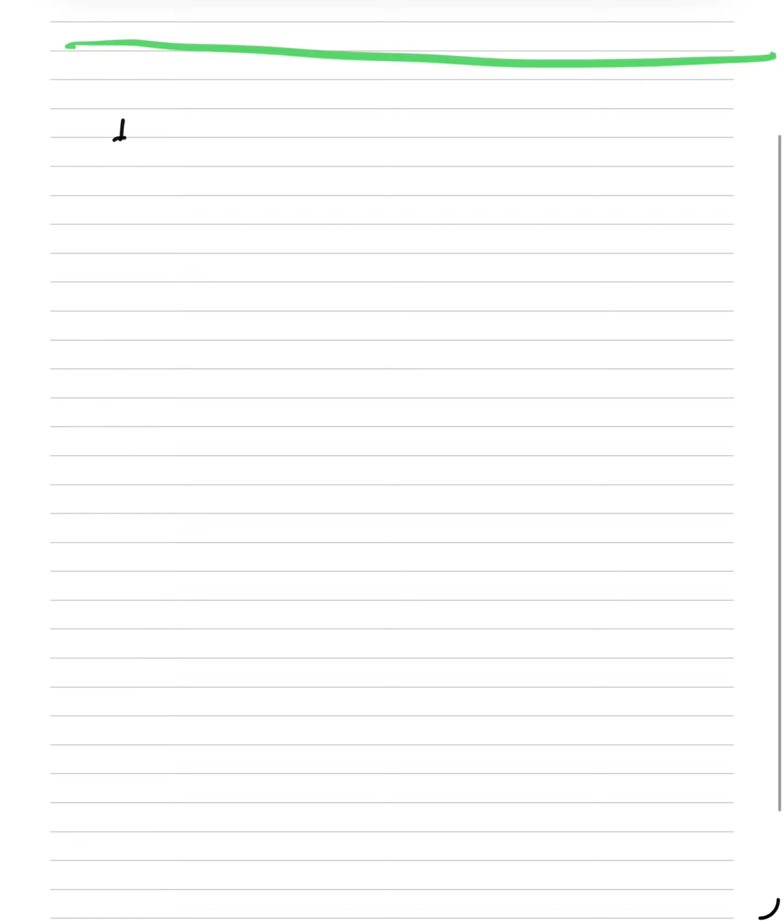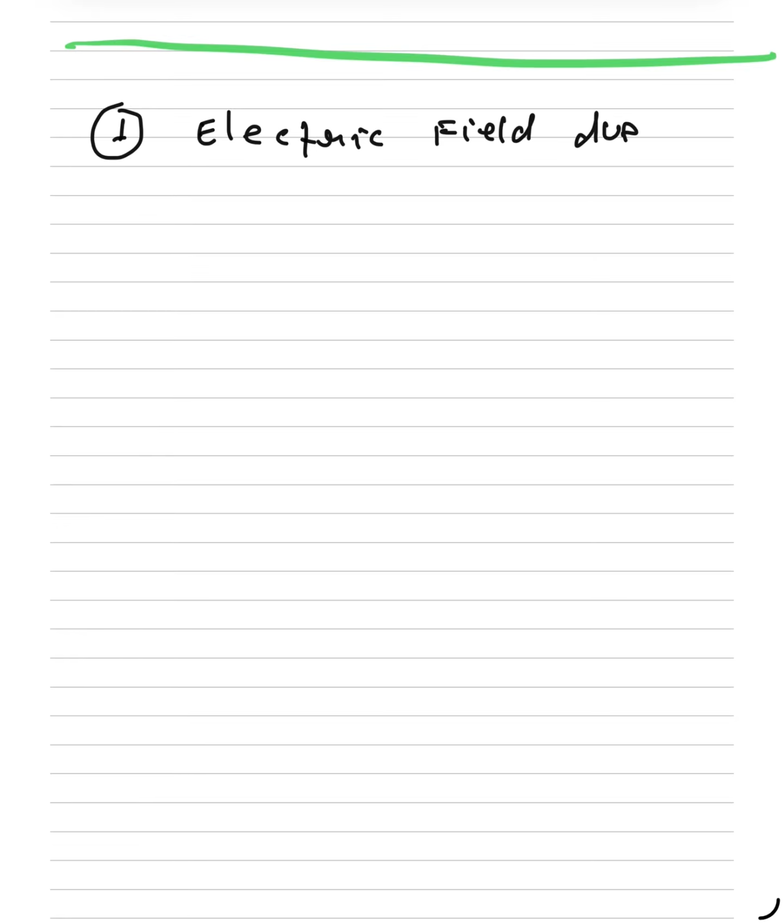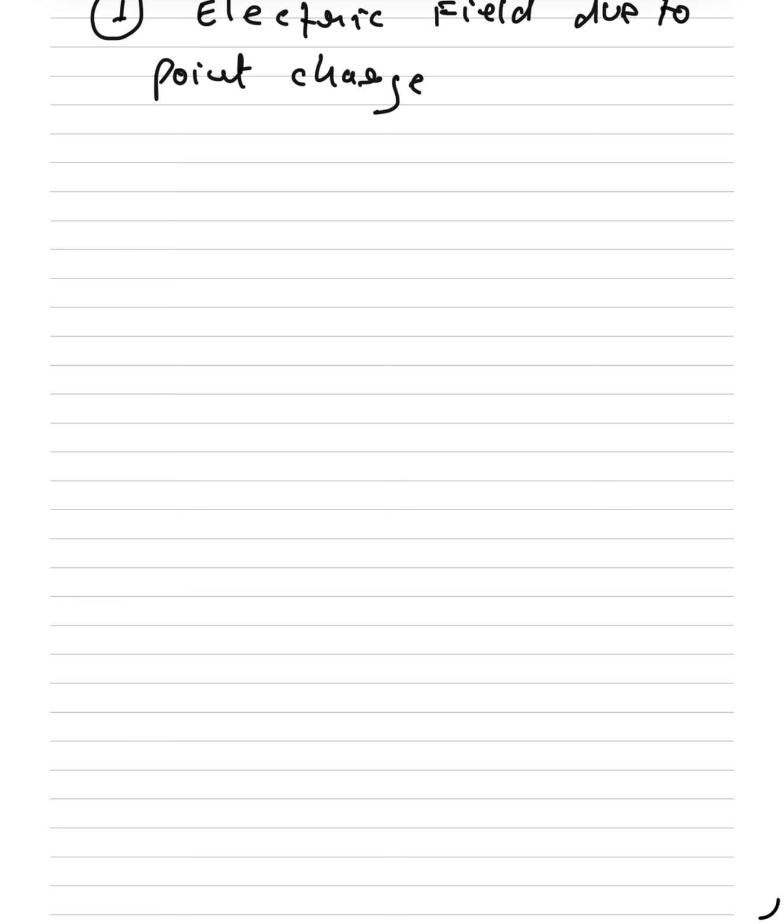Initially we discuss the electric field due to a point charge. Suppose that this is a point charge q, and if I want to calculate the electric field at point A, the separation distance between the charge and A is r.